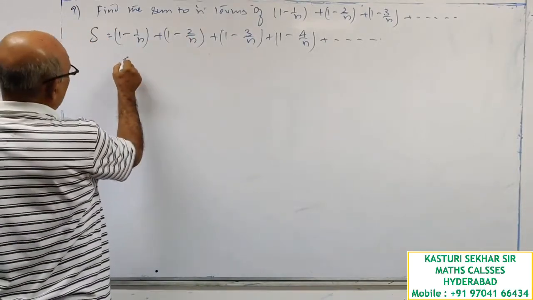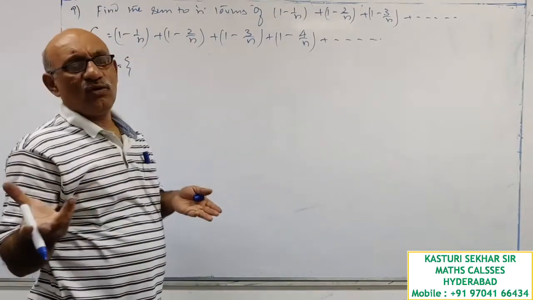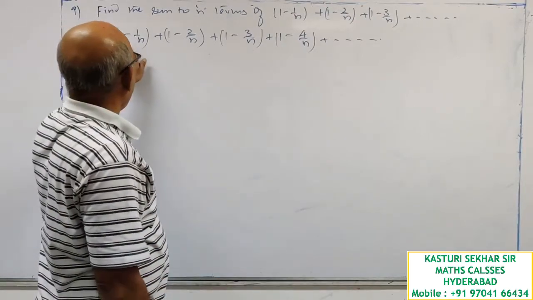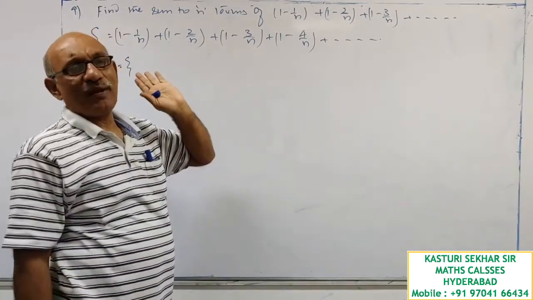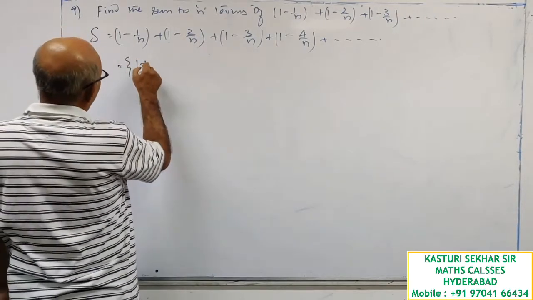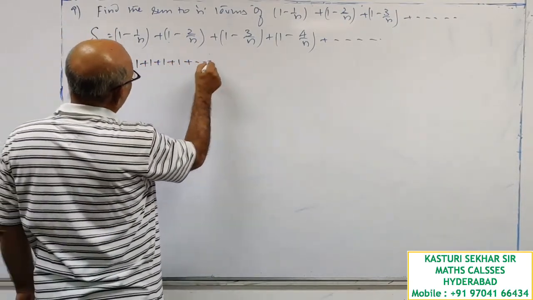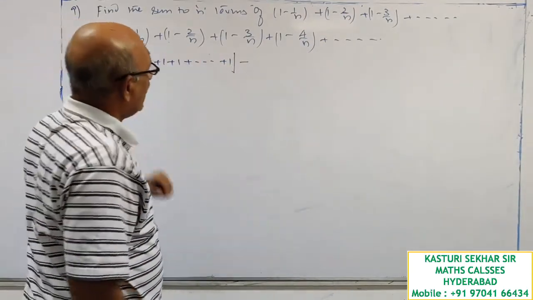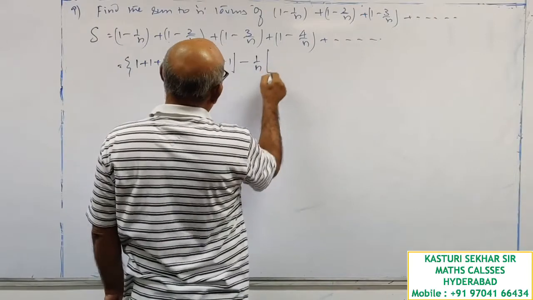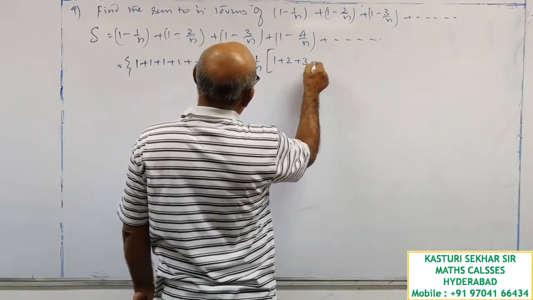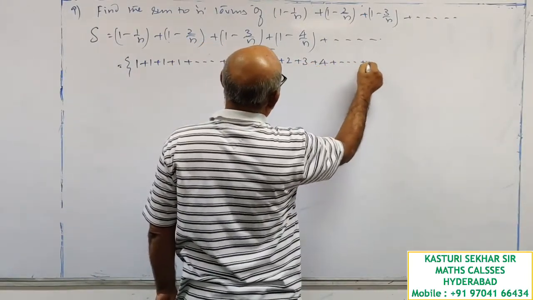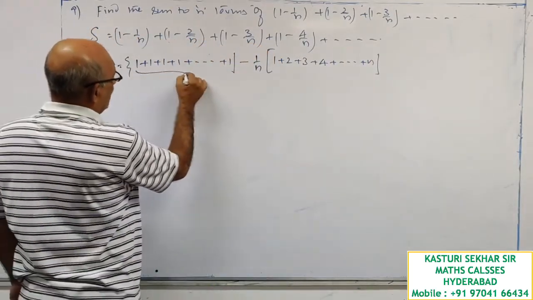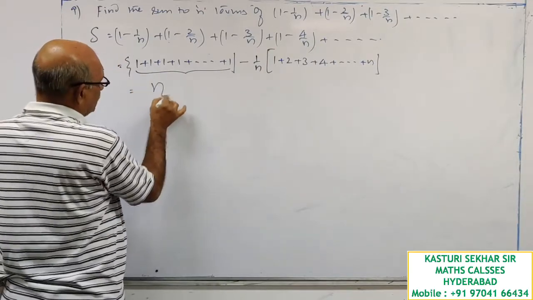Now what will I do? I'll resolve this into two series. One with all the first terms from each bracket: 1 plus 1 plus 1 plus 1 plus etc., minus, taking 1 by n as common from the second terms, 1 plus 2 plus 3 plus 4 plus etc. plus n, up to n terms. The same number 1 you are adding how many times? n times.